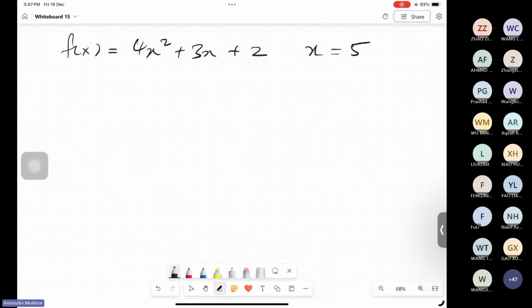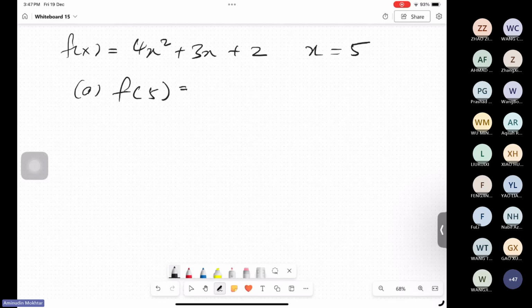So how to answer this question? You must follow the three rules here. The first one, you need to find f(5) and check whether f(5) is defined. What is f(5)? It refers to y when x equals 5.